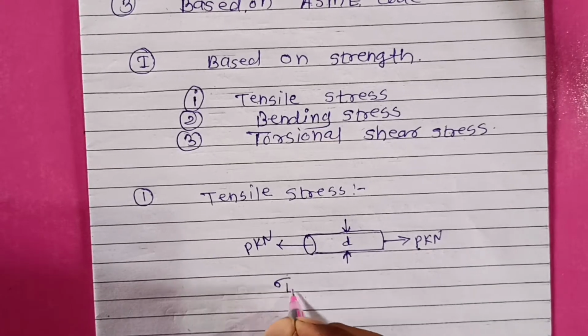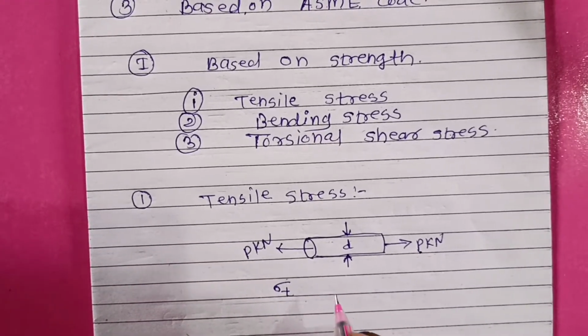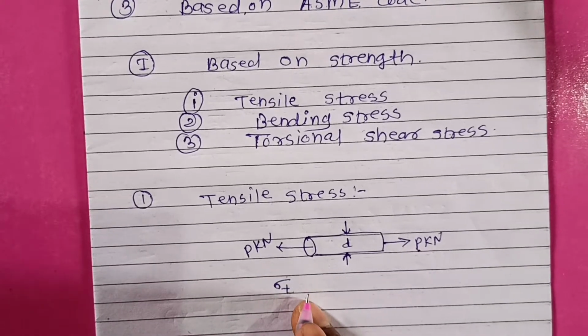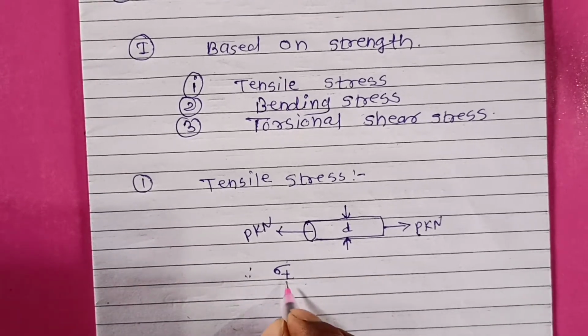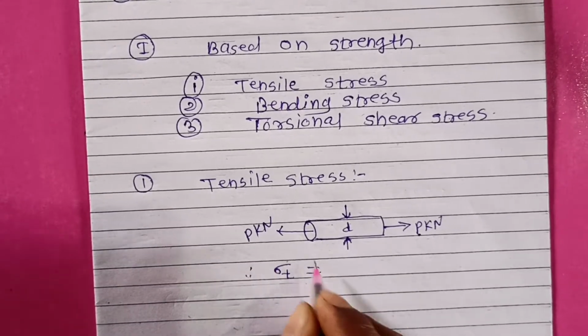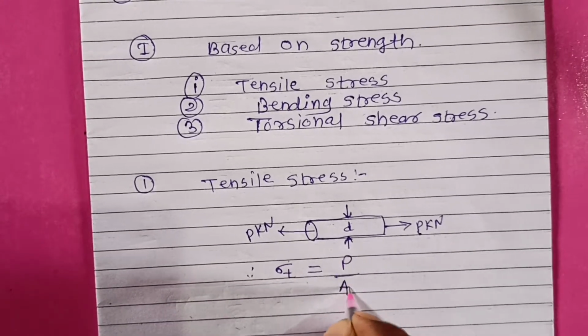Now the tensile stress is defined as applied load divided by cross section area. Tensile stress sigma T is equal to applied load P divided by cross section area.